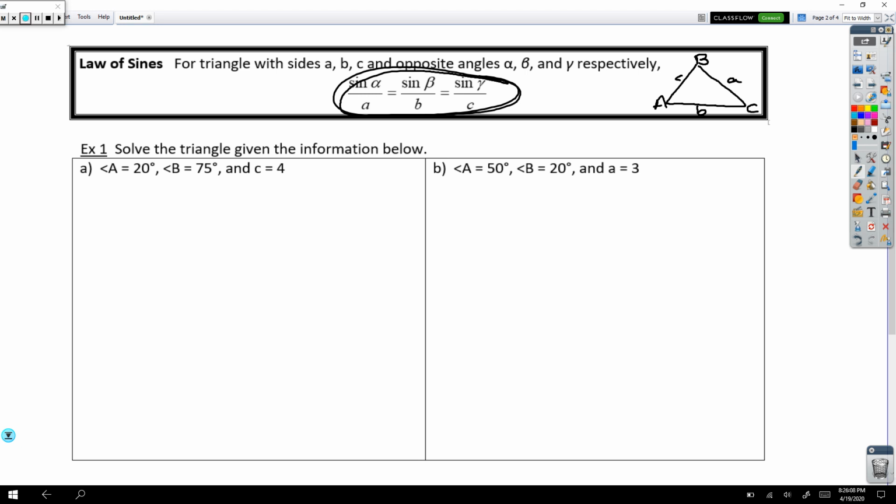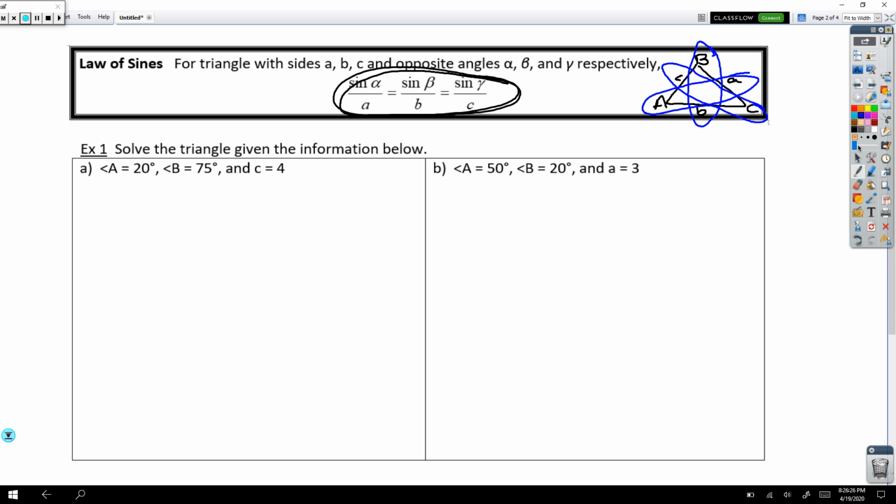Okay? The important thing to note is that the side and the angle make up the fraction. So I'm going to do A and A, B and B, C and C. They always stay together.